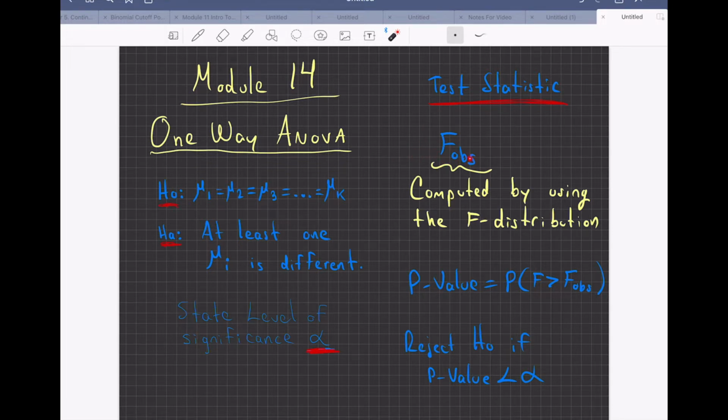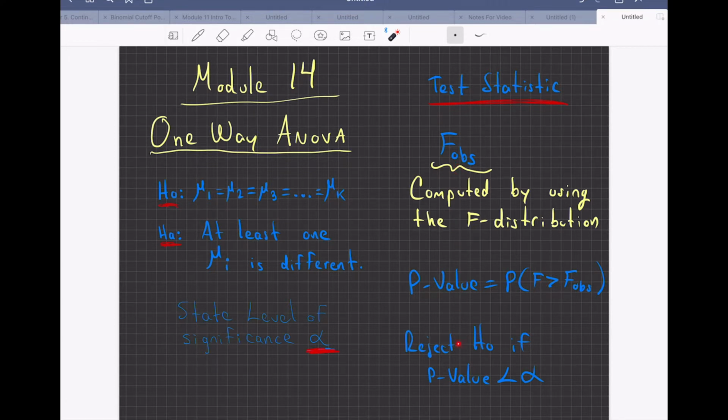Here I prefer to say F observed, the particular value for the test statistic. Then we compute the p-value as the probability that F is greater than F observed, that is, the probability that the F distribution is greater than the value we got here.